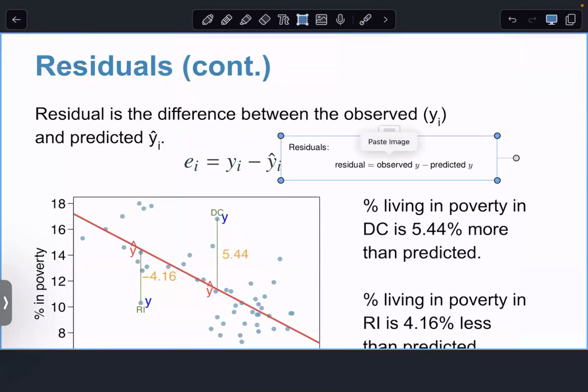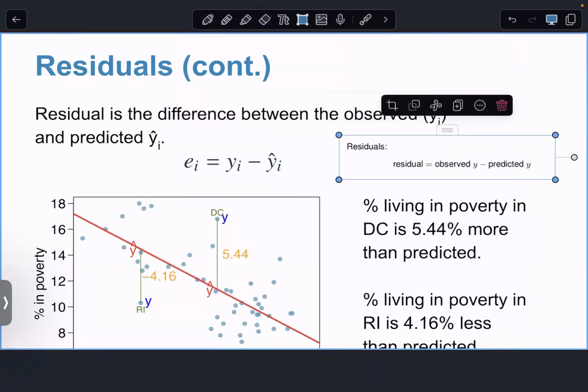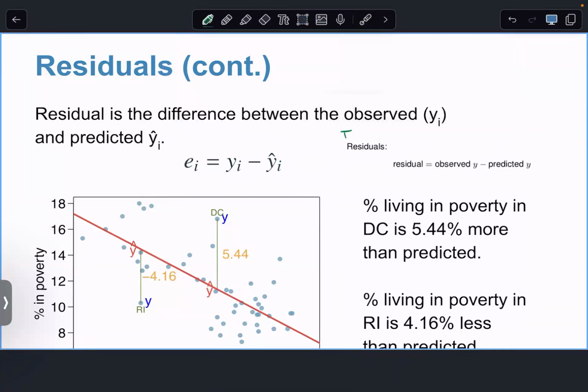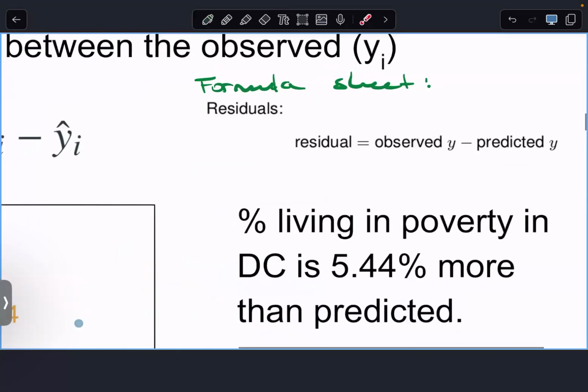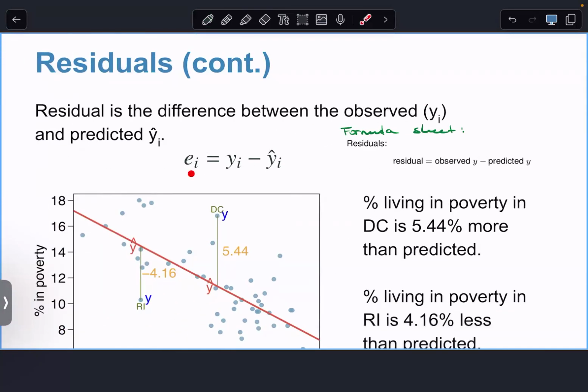On the formula sheet, I have it like this: the observed value of y minus the predicted value of y. I really should have it like this: the residual is yi minus yi hat.